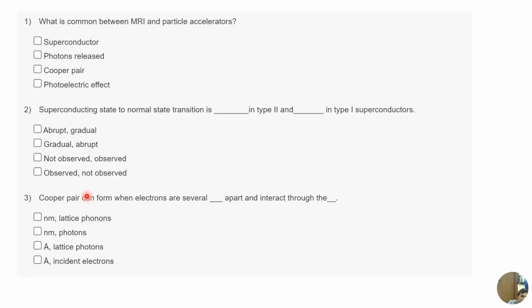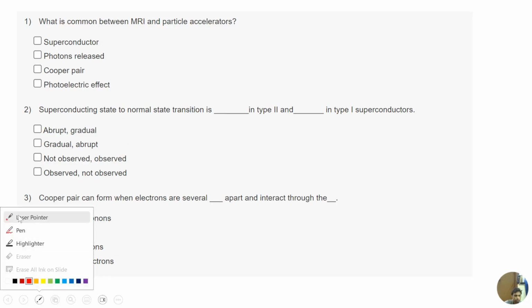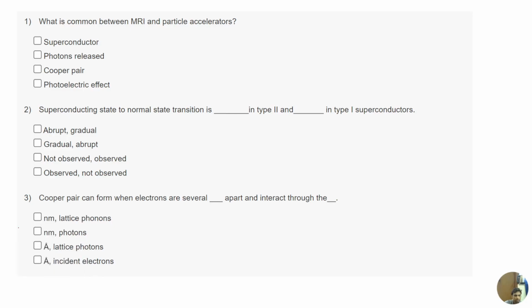Now let us discuss some questions and answers related to the current discussion. What is common between MRI and a particle accelerator? The common thing is that both of them employ a superconductor as the source of their magnetic field. Since they have a superconductor, they will have Cooper pairs as well. The superconducting state to normal state transition is dash in type 2.